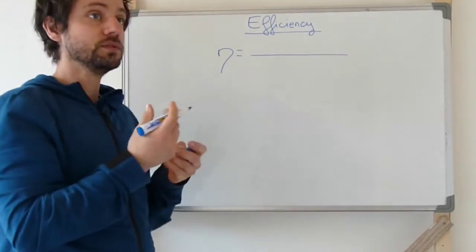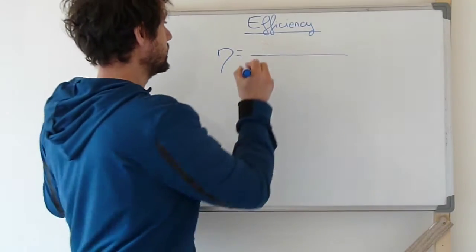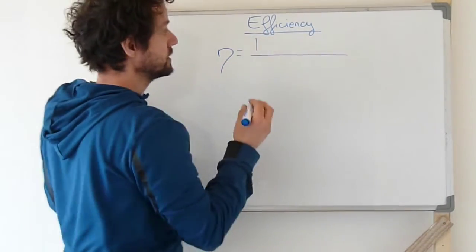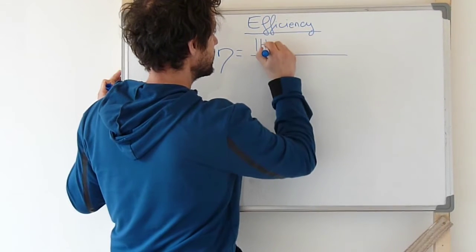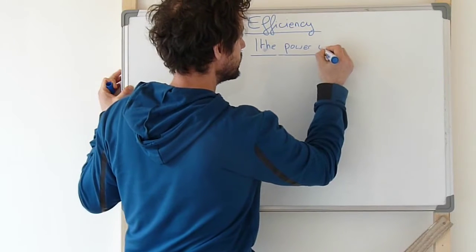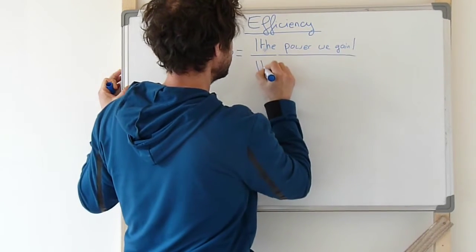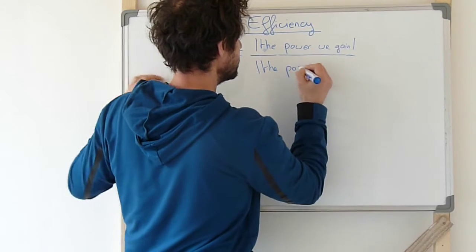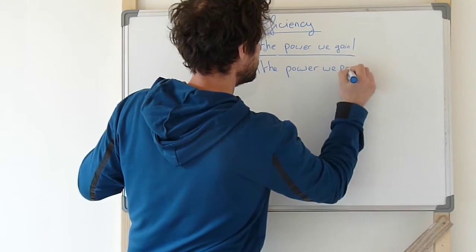These absolute values are absolute energy or power transfers, and it's the ratio between the power we gain divided by the power we pay, or the energy we pay.